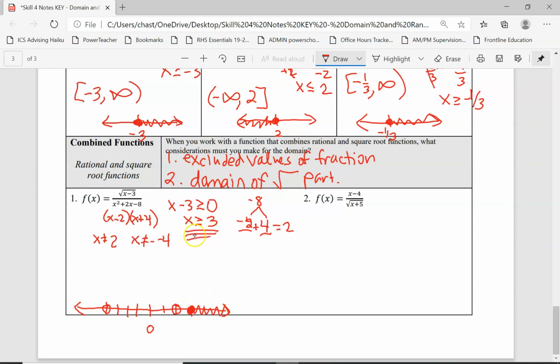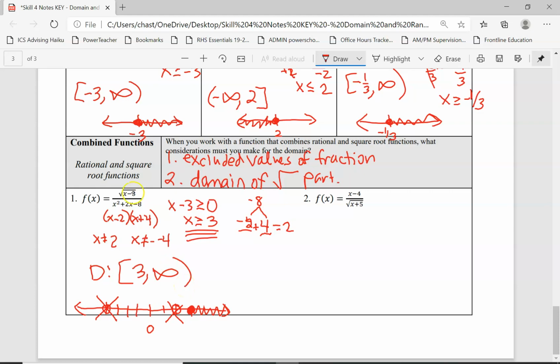And this one is going to take more precedence than the denominators here. So if I know from the square root part I cannot have anything less than 3, then it doesn't even matter about these excluded values. So when I write my domain, I would just write 3 to infinity on this one.